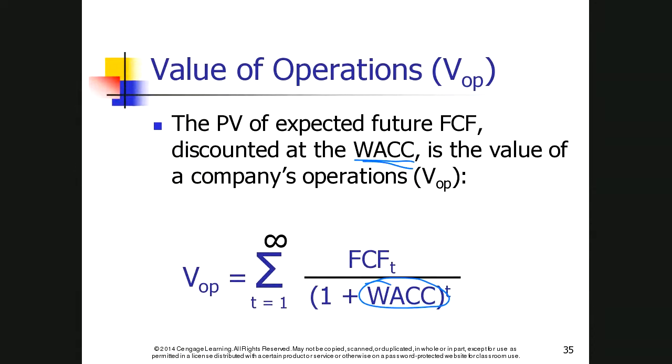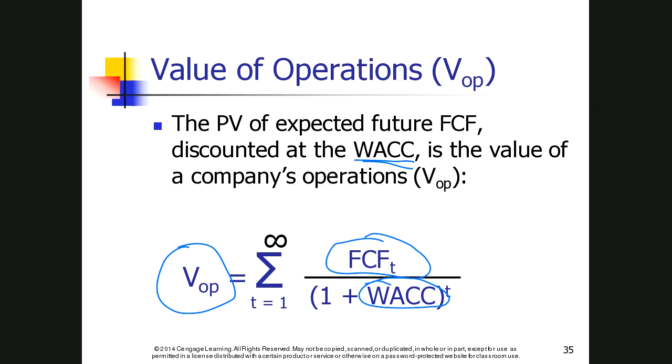So let's continue. The value of operations. Basically here, the WACC, the weighted average cost of capital, is used to discount the free cash flow so that we can eventually arrive at the value of operations. So what's the rationale? Again, the idea of evaluating anything is based on the sum of the present value of the cash flow that it can generate.